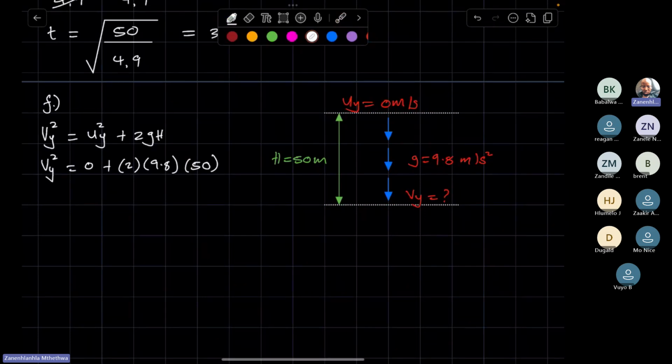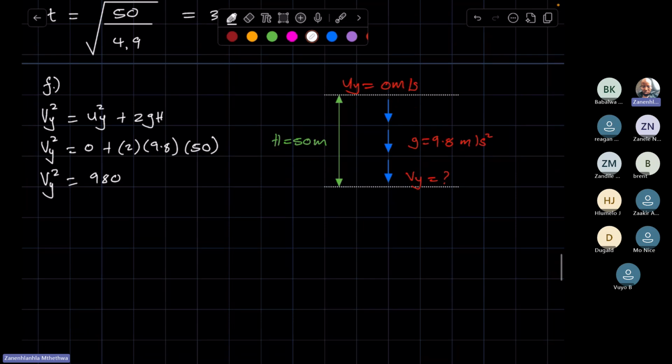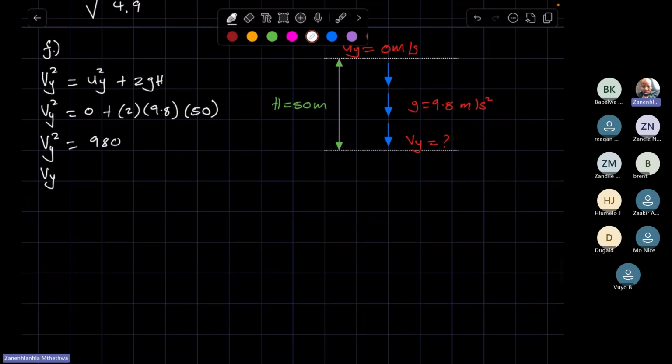Right. So the right hand side of this is equal to 980. So Vy squared is equal to 980. And then to get Vy, we find the square root of 980.